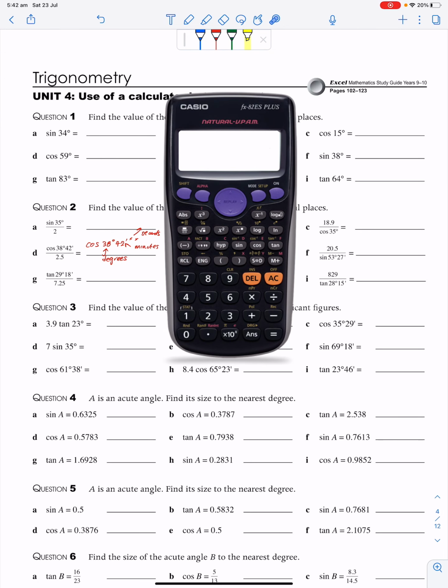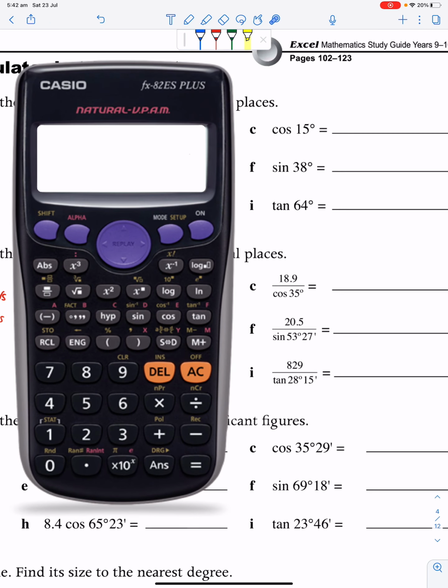If I have a look at question 2i now, what you can do here is you can do 829 divided by, just open up a bracket just to make sure that your calculator does all of this in one go.